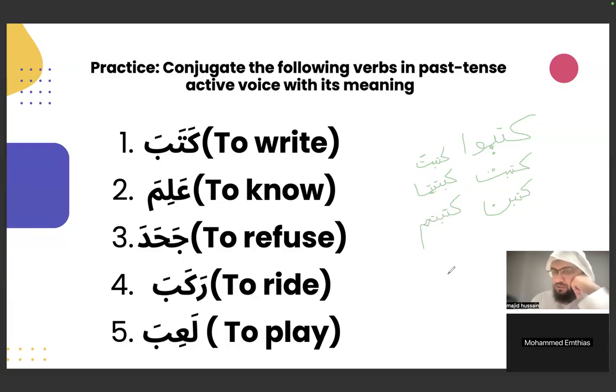Katabti is right. Again, katabtuma, you actually wrote like that. And katabtunna is correct. Katabtu, the 13th number. Katabtu, like that, with the dhamma on the ta. And katabna is correct. These are the few spelling mistakes that need to be corrected.